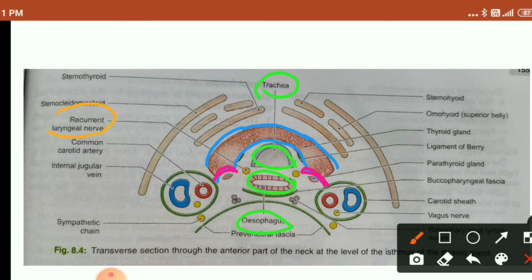The recurrent laryngeal nerve, and from the superior side we have the external laryngeal nerve, which is a branch of the superior laryngeal nerve. So two nerves, recurrent laryngeal and external laryngeal, and two tubes, trachea and esophagus, are related to the medial surface of the thyroid gland.